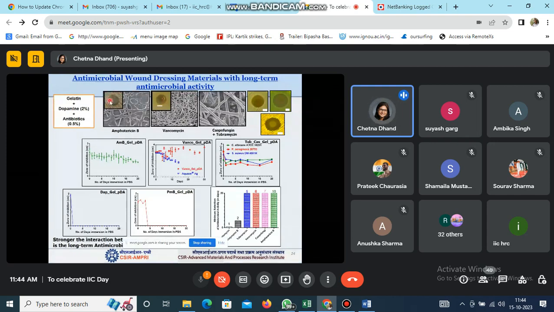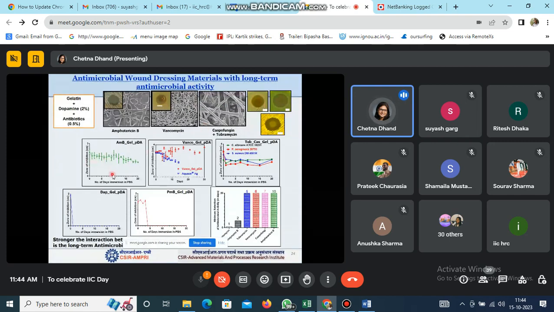And if the material is not antimicrobial, the bacteria will grow even on the material itself. So you can see here that in this case, and in this case, and in this case also, we got a very clean zone of inhibition. This is called zone of inhibition. So that means all these dressings are very effective in killing the microbes.